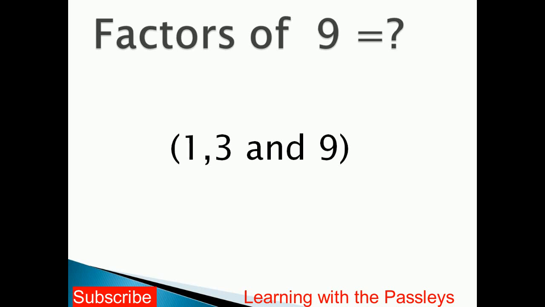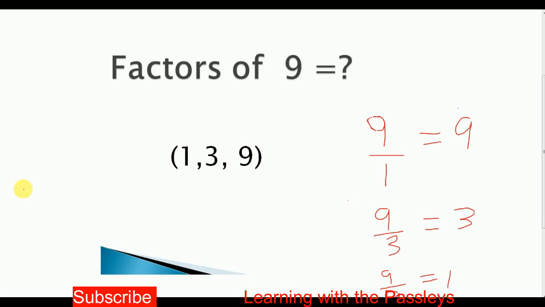Factors of 9 are 1, 3 and 9. Now, let me show you the reason why 1, 3 and 9 are factors of 9. 1 into 9 goes 9 times and no remainder is left.